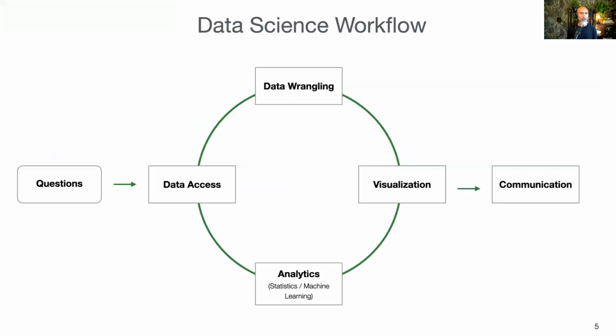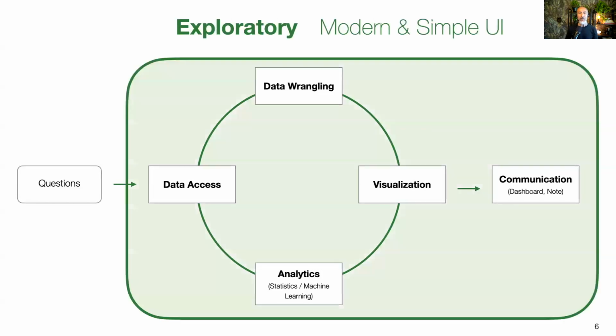And once you find such insights, you want to communicate. For us, data science is really this workflow. And Exploratory provides these 5 steps of data access, data wrangling, visualization, analytics, and last but not least, the communication, which is really a dashboard and note, through the modern and simple UI.